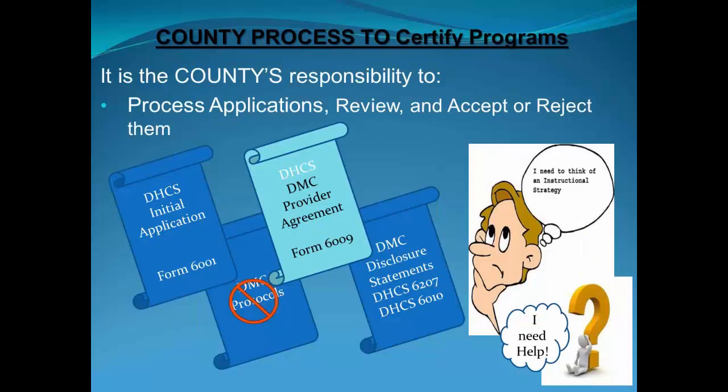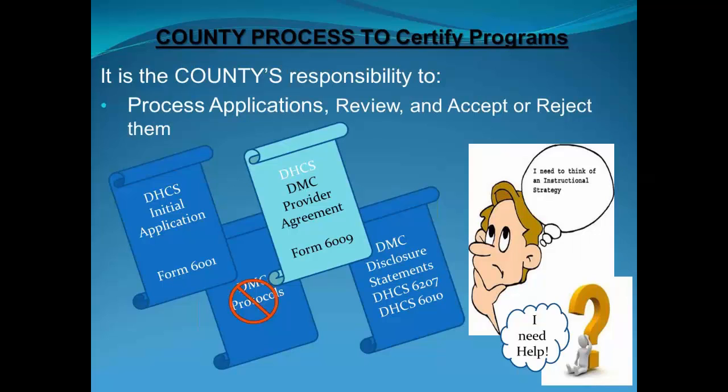It was a part of the 6001 application where providers had to include some of their policies and procedures in terms of the administration and the program management that demonstrated that their program was aligning with AOD standards and the drug Medi-Cal standards. That was always a big part to review in terms of just getting the application. That's not on this new draft application, the 12-14 revision. That makes application review a little easier.